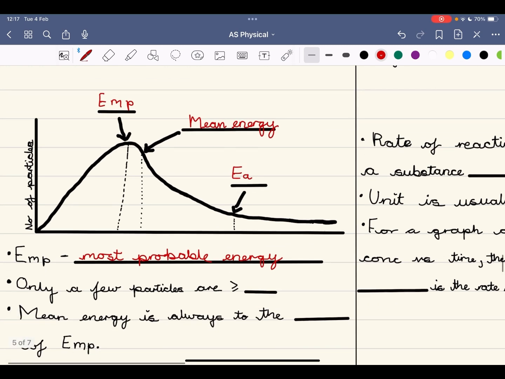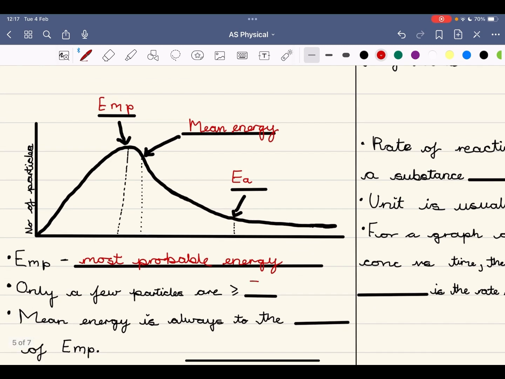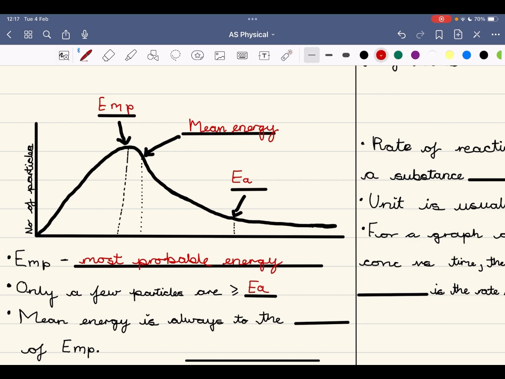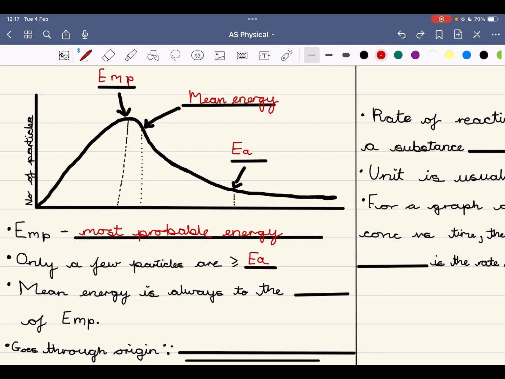Okay, and only a few particles have at least the activation energy. If you look at the size of the whole graph, and all the area underneath it, only this many particles have the activation energy. Mean energy is always to the right of EMP.